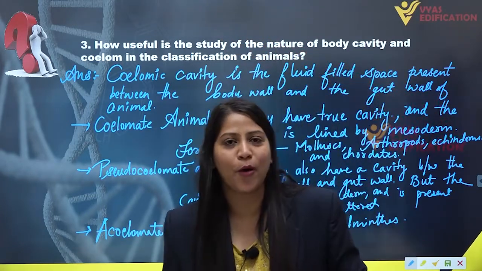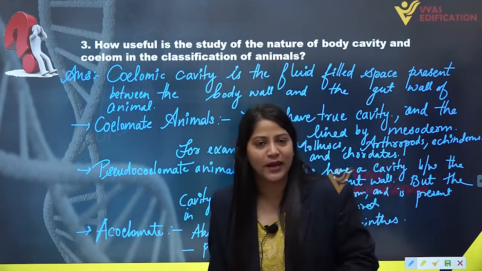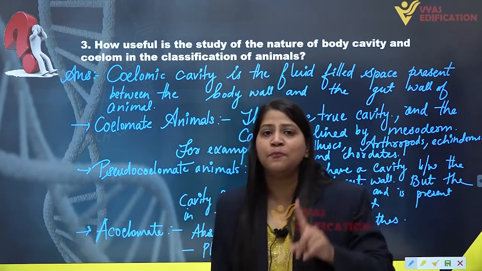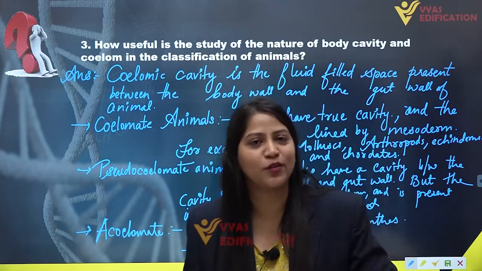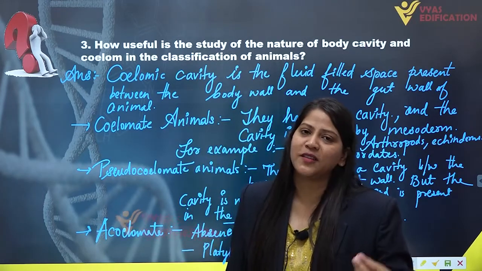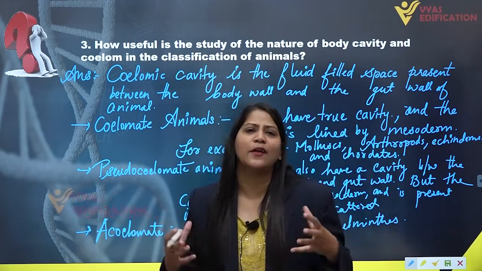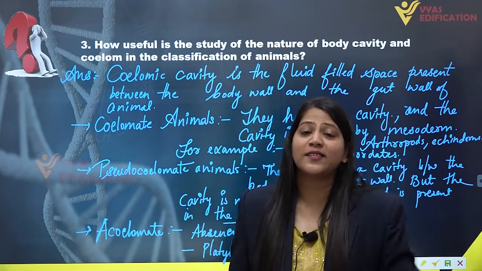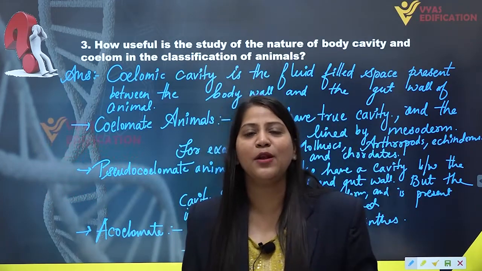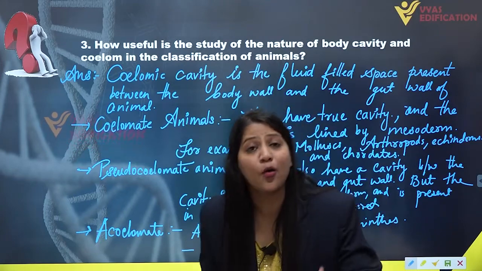And the next one, pseudocoelomate animals, have a cavity, but the cavity is not lined by mesoderm. Rather, it is present in pouch form and is scattered in the cavity. The example we have is Aschelminthes, roundworms.